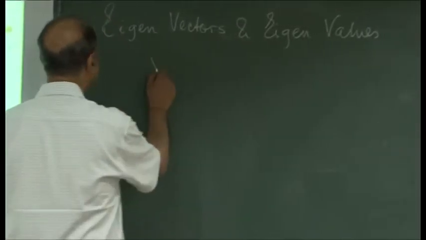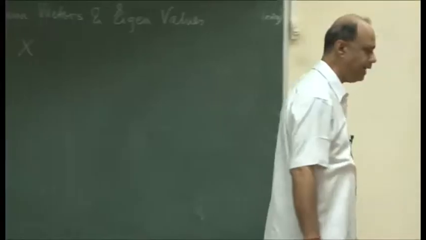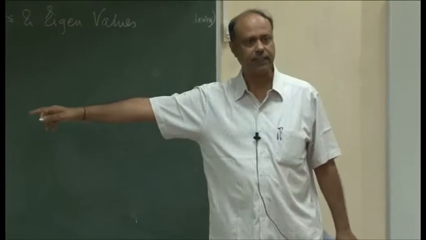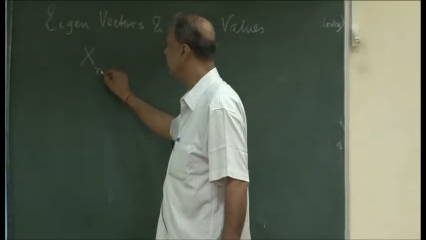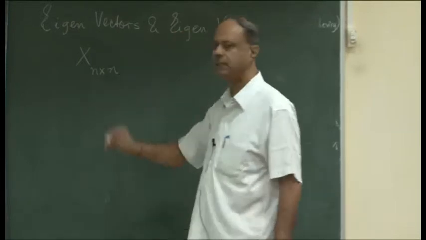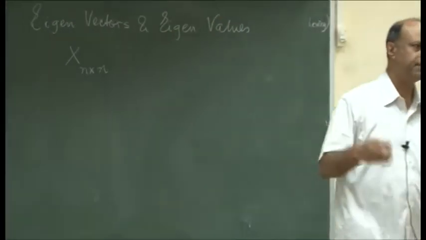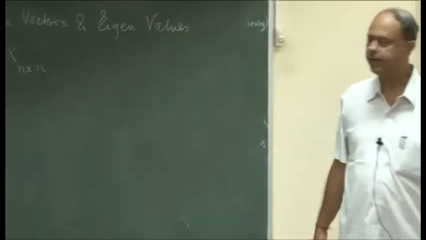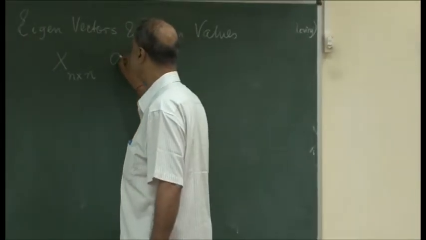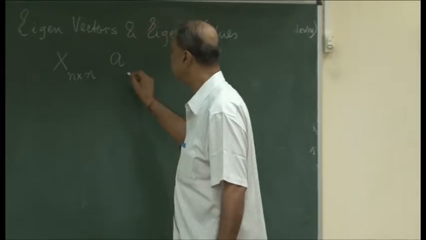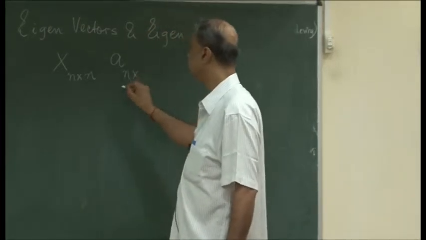Suppose you have an n cross n observation matrix, whatever we have considered, n variables and n dimensions, and you have a vector, say A, which is n cross 1.